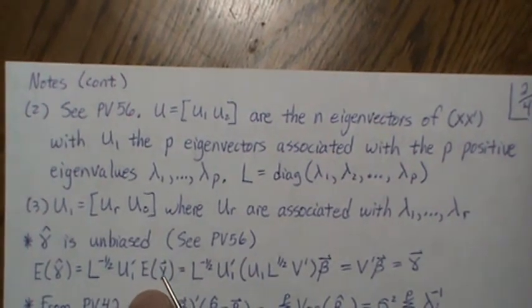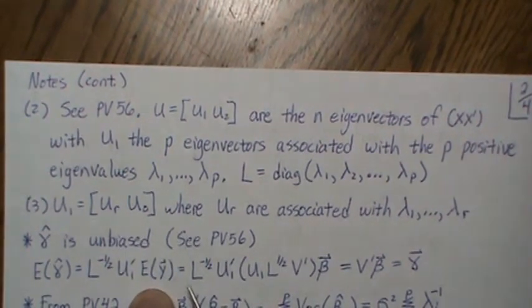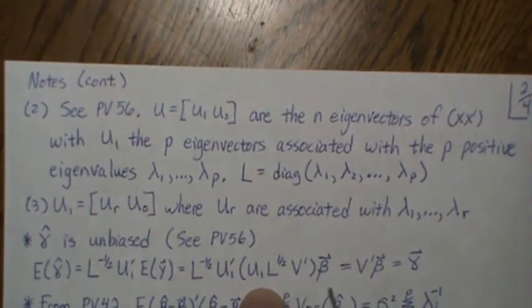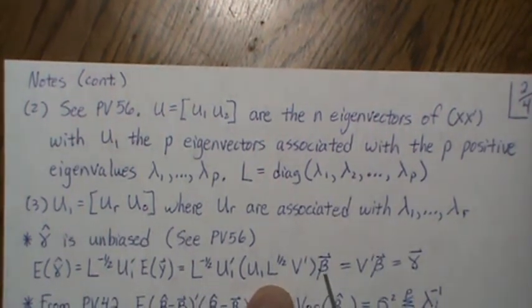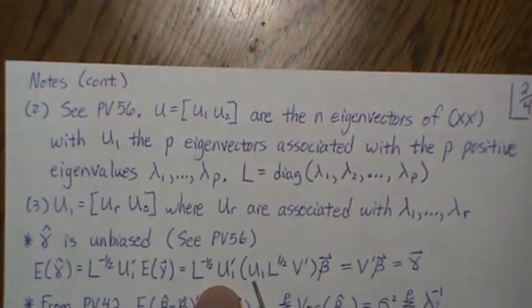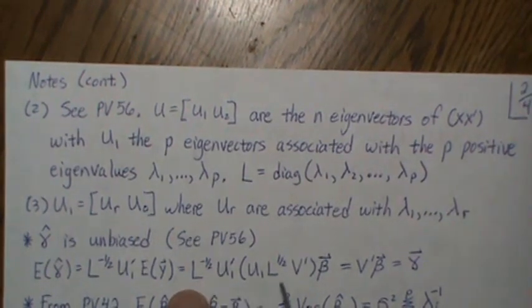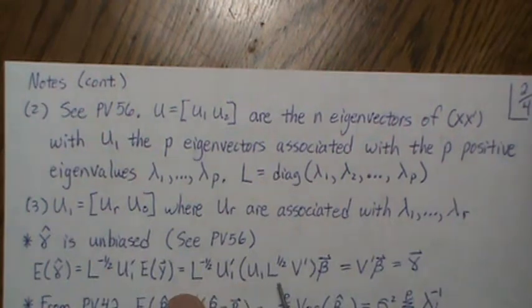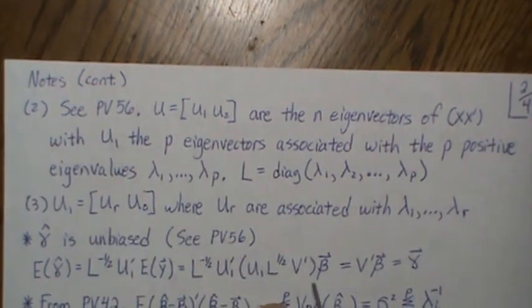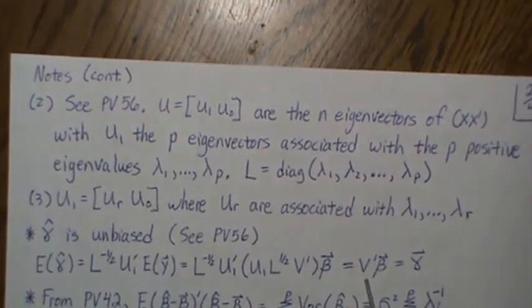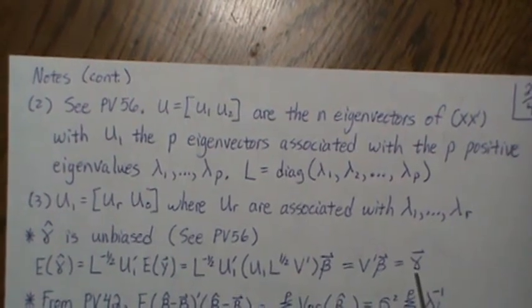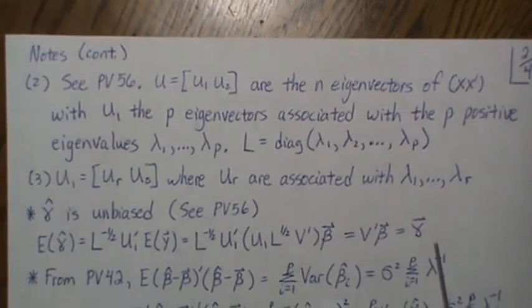Now the expected value of Y is x beta. But we're going to write x in its singular value decomposition form and beta here. So now this product is 0, or the identity matrix, and this product is the identity matrix. We're left with V prime B. But that's what we called gamma, so it is unbiased.